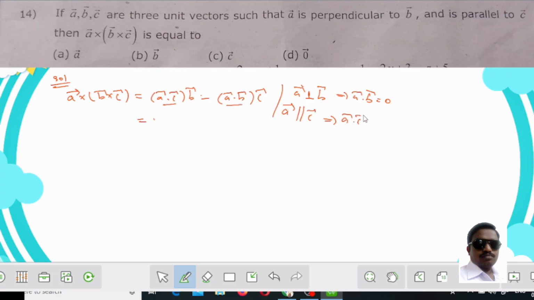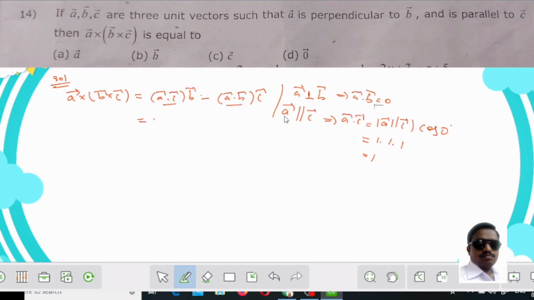A vector dot C vector will be equal to modulus of A, modulus of C, cos theta. Whenever two vectors are parallel, theta will be 0. They are given that A, B, C are three unit vectors, so modulus of a unit vector is 1. Cos 0 is 1. So the value of A dot C is 1.